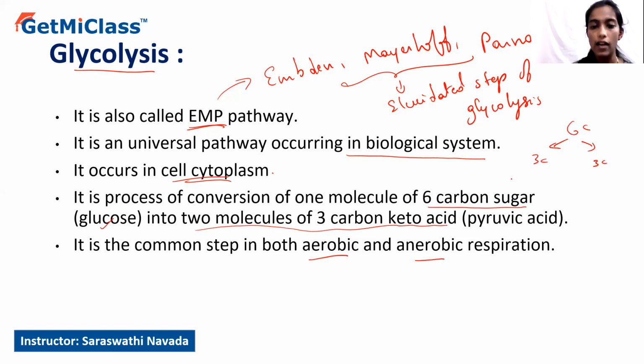And the 3-carbon compound is formed as a keto acid such as pyruvic acid. And this process is ultimately termed glycolysis. And this glycolysis occurs in 10 different steps. We'll discuss the steps of glycolysis in detail one by one.